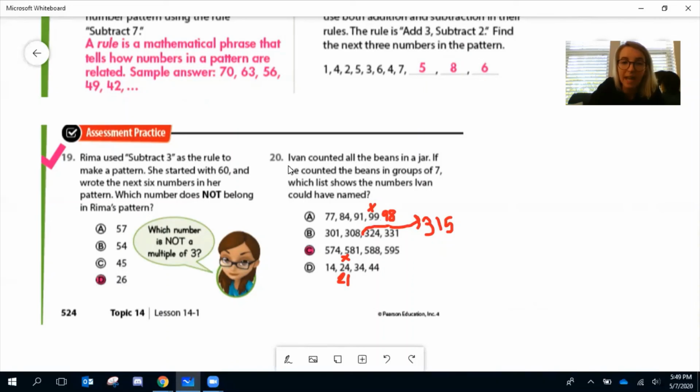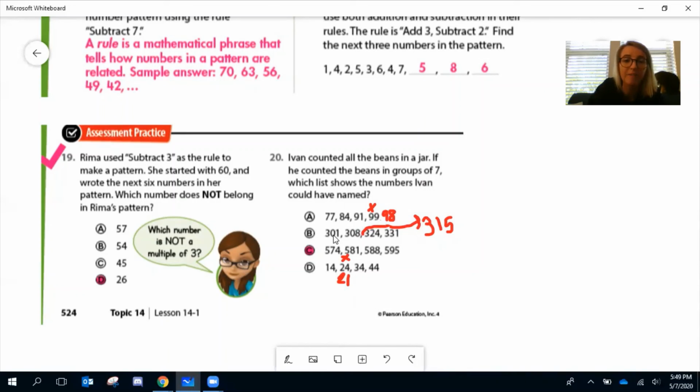Number 20, Ivan counted all the beans in a jar. If he counted the beans in groups of 7, which list shows the numbers Ivan could have named? So what I did was we looked at the numbers and we counted up by 7. So 77 plus 7 is 84. 84 plus 7 is 91, and 91 plus 7 is 98. So this 99 here was not correct.